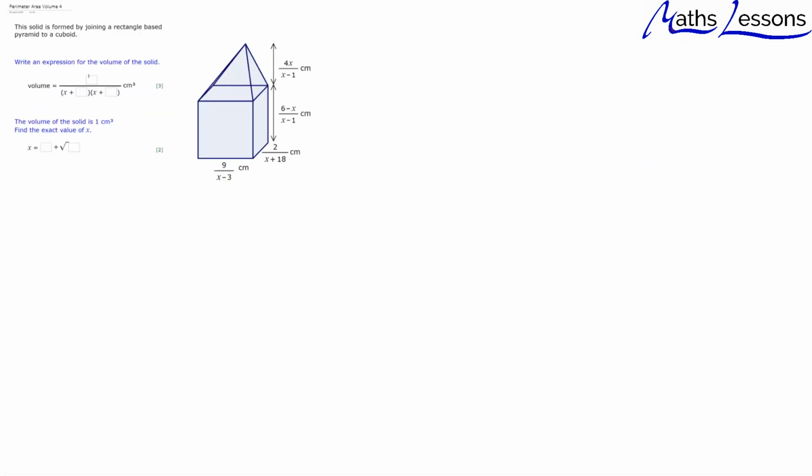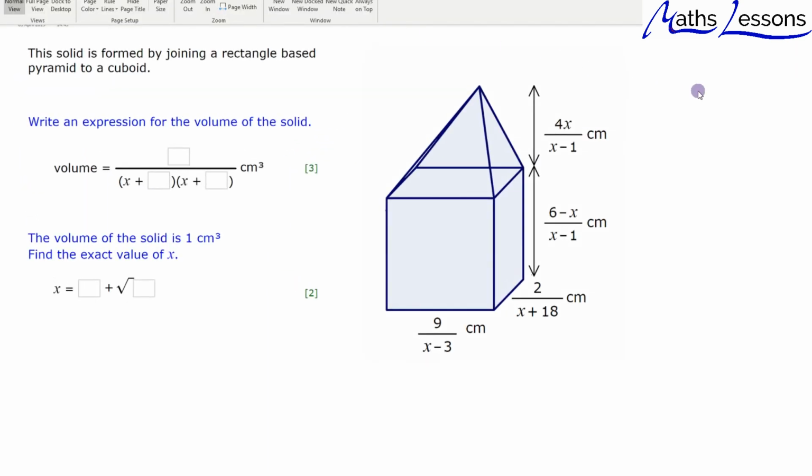Something a bit more interesting, a bit more algebra on this one. Let's just zoom in on this for you. Okay, and let's see if you can do this one in 3 minutes.